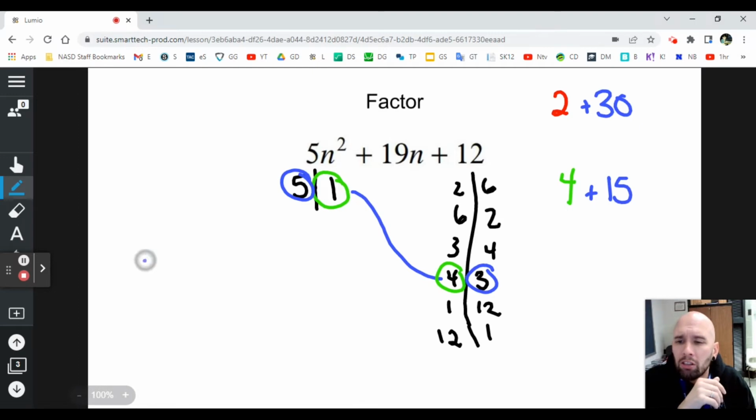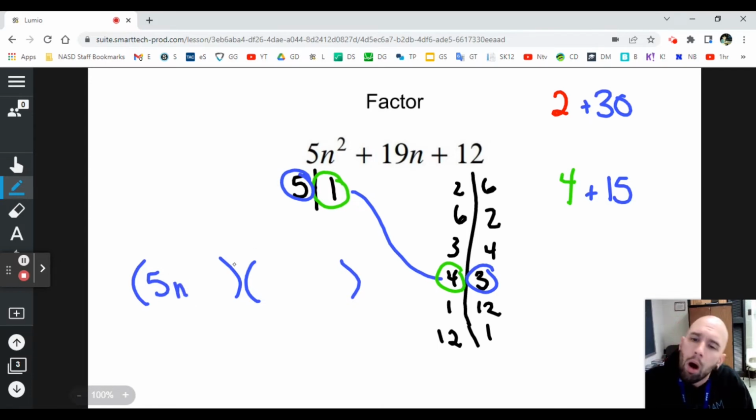That means I set up a set of parentheses. I have 5 attached to my n, and I have 1 attached to my other n. So I have 5 and 1, put in that order.